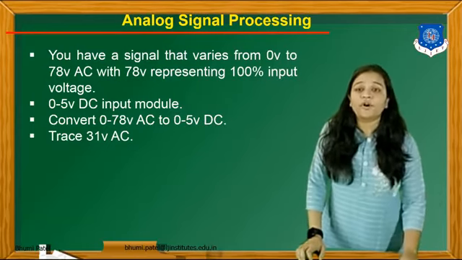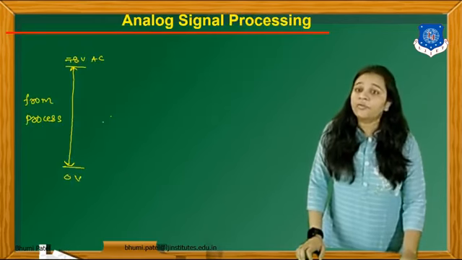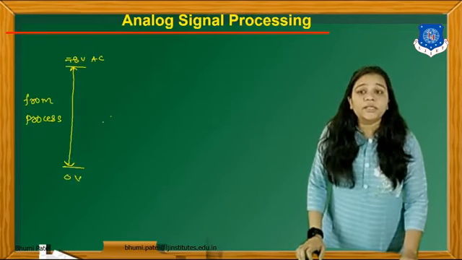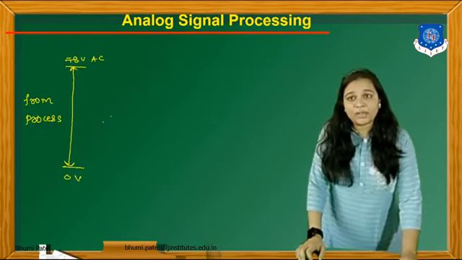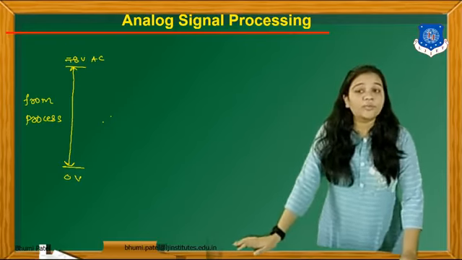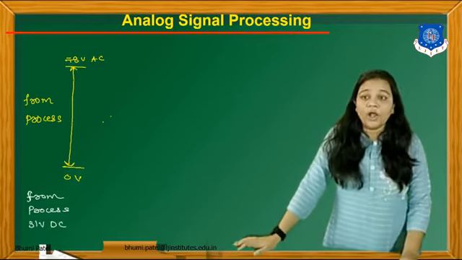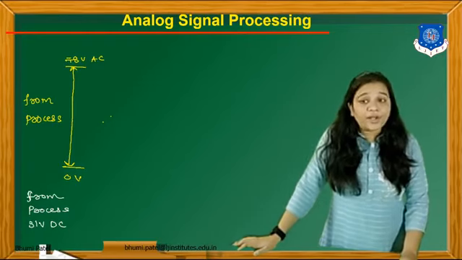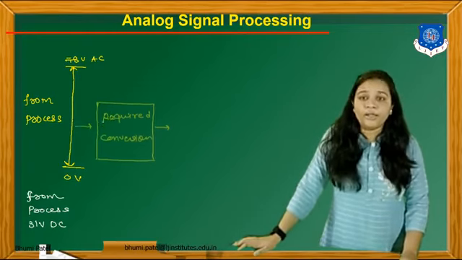First of all, we have to take the 0 to 78 volt AC from this particular process. Now we have to trace 31 volt DC.